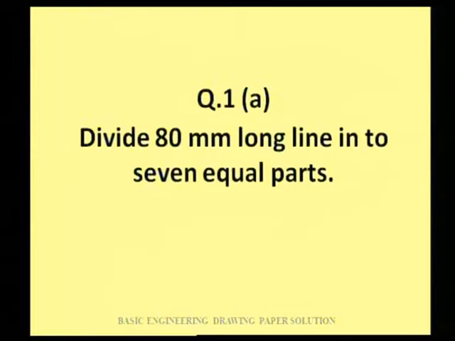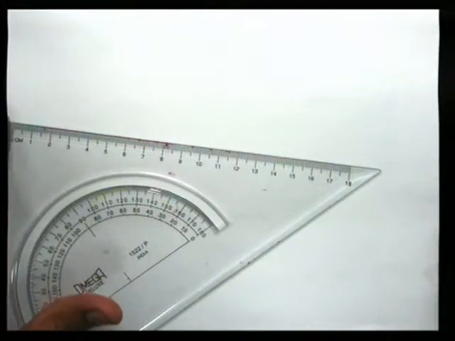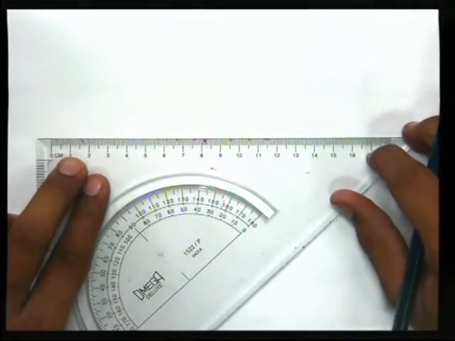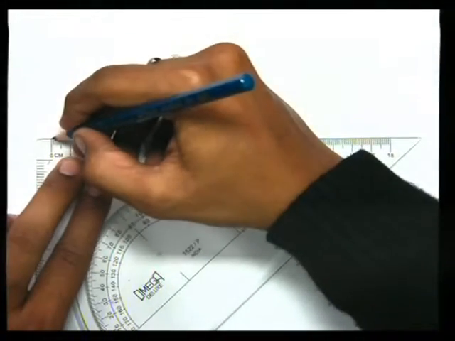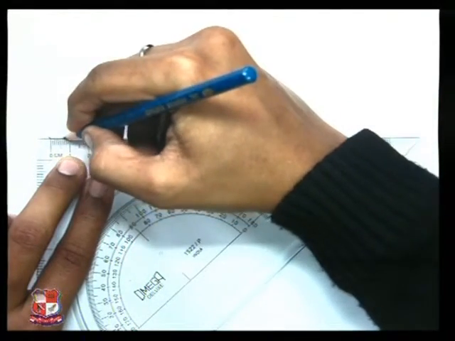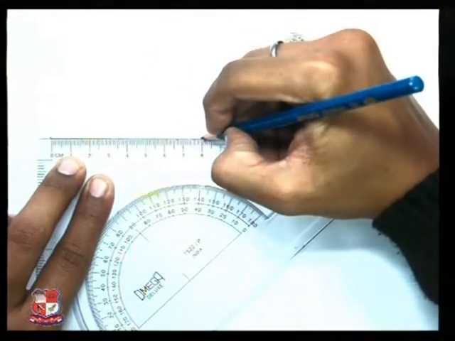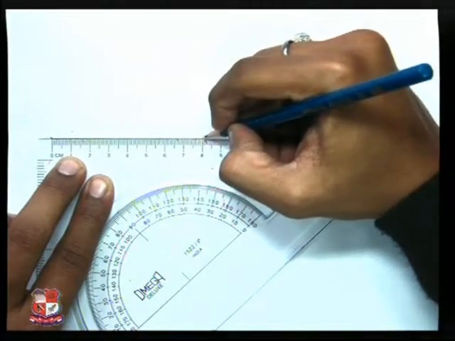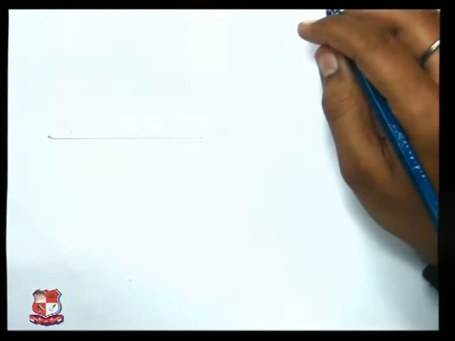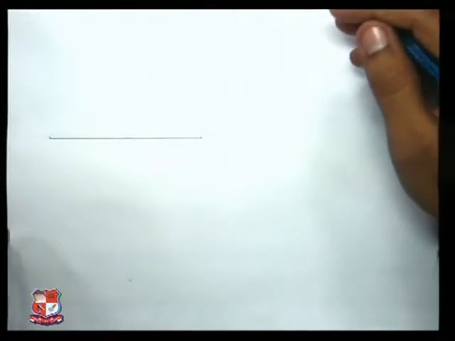This method can be used when we want to divide an unequal line into an equal number of parts. If we want to divide an 80 mm line into 7 equal parts, the divisions would be unequal, so we will use this method.